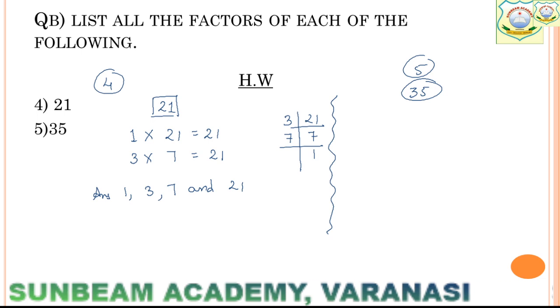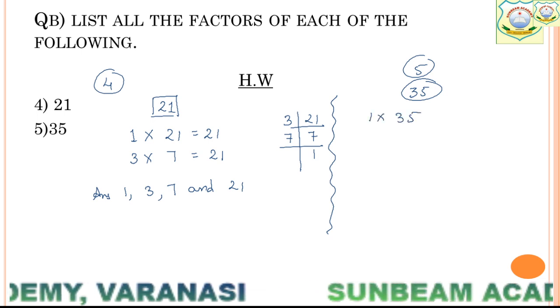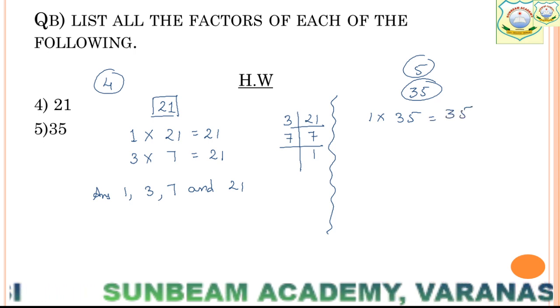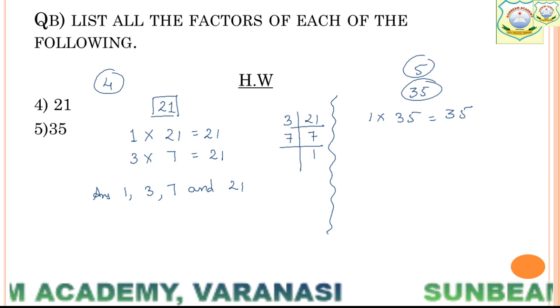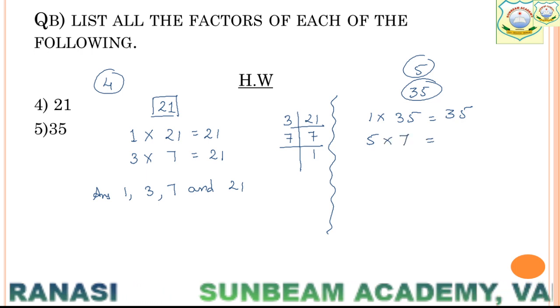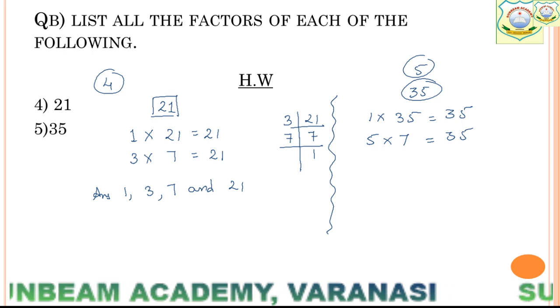We have to find out the factors of 35. So 1 multiplied by 35 is equal to 35. Then in which table is it coming? It is not coming in 2, 3, 4. It is coming in 5. 5 7s are 35. So we got the answer, right?